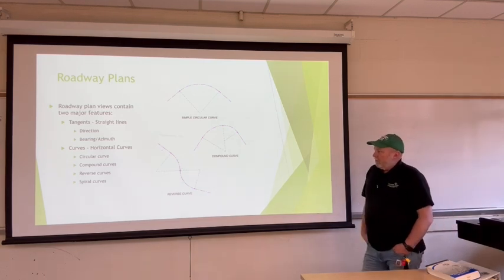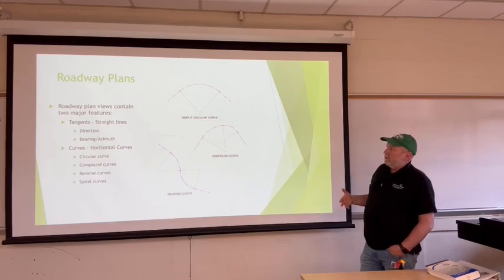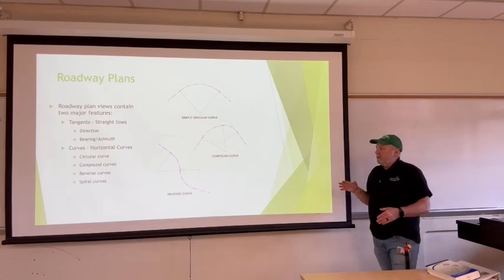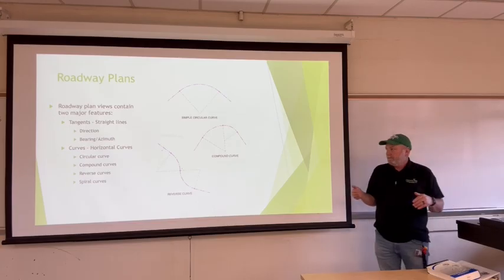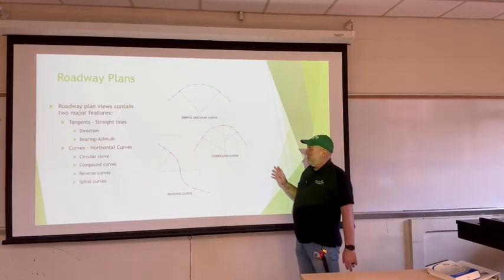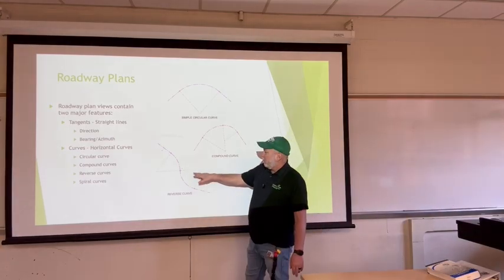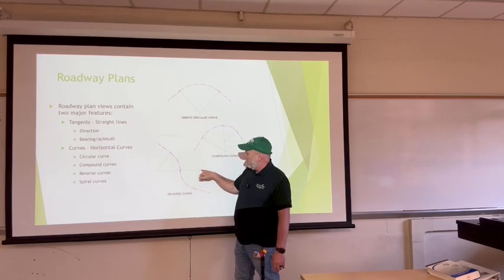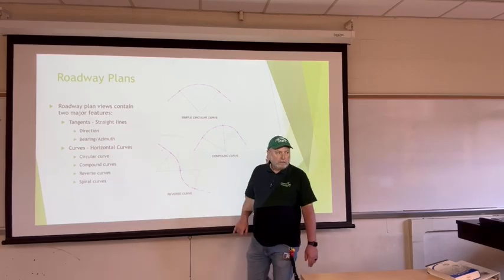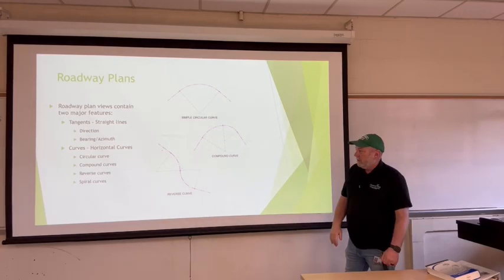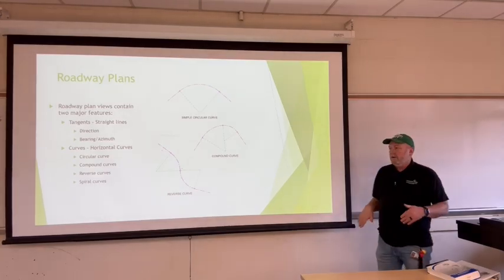Your reverse curve would be where you have two simple curves again put together, however, you're traveling in the opposite direction. And again, they should be radial to each other, meaning if you draw from this radius point, you will pass through the point of intersection where they meet and transition from one direction to the other.